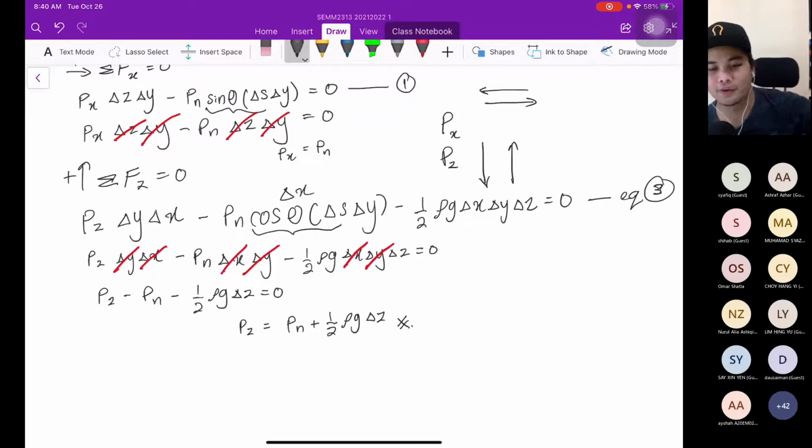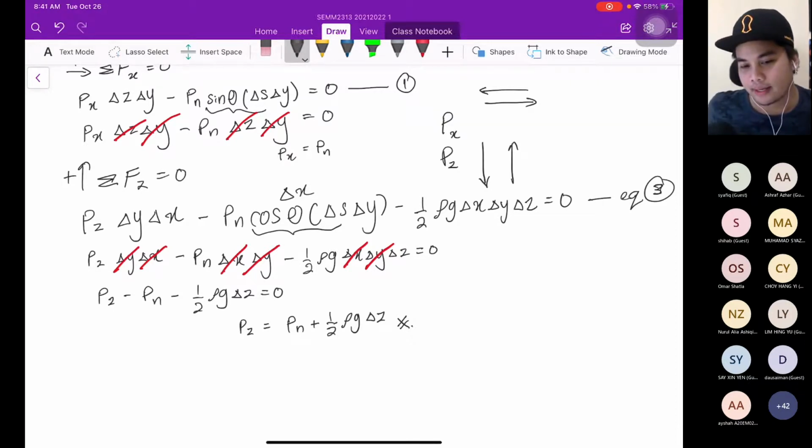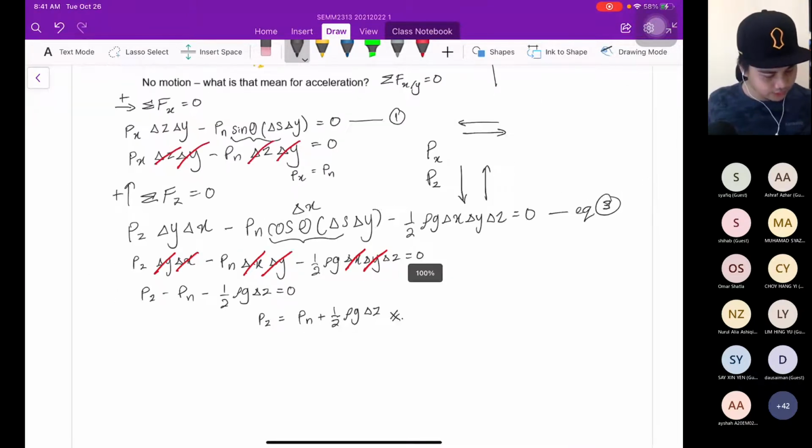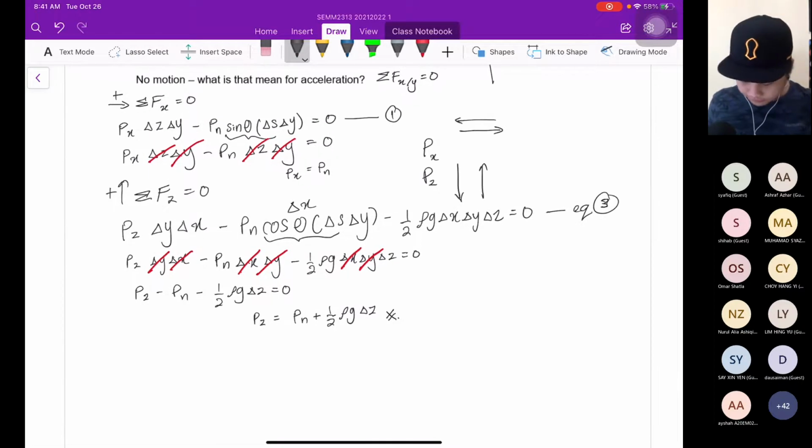No, because gravity is constant. Pn also can be constant. The one that varies depends on the density of the water. Maybe we do it at the sea, at the river, at normal water. The pressure will be different at different depth. So this is what it means.